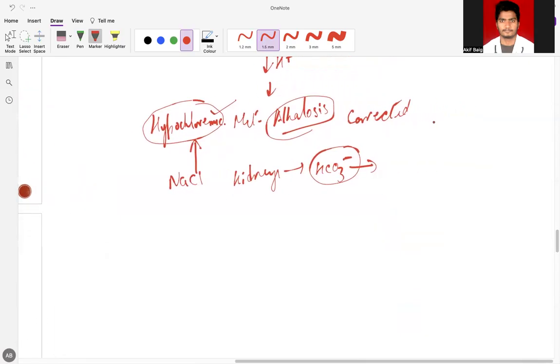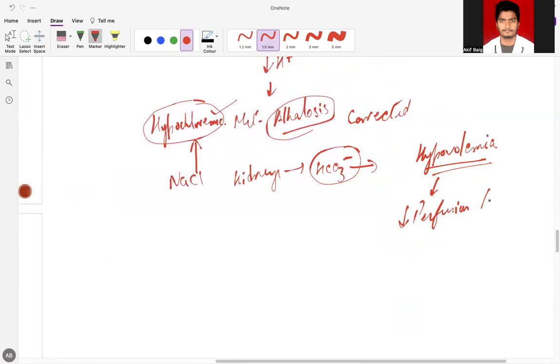Another important mechanism is that in patients of hypovolemia, due to any reason, maybe vomiting or any other reason, suppose patient is having hypovolemia. During hypovolemia, there will be decreased perfusion to the kidneys. When there is decreased perfusion to the kidneys, the system that gets activated is the renin, angiotensin, aldosterone system.